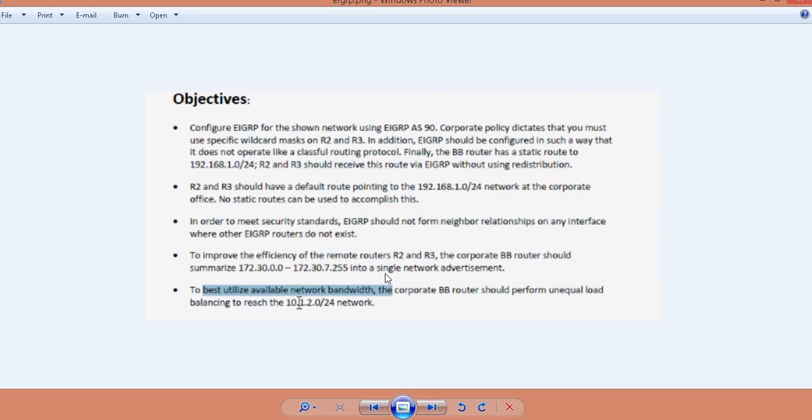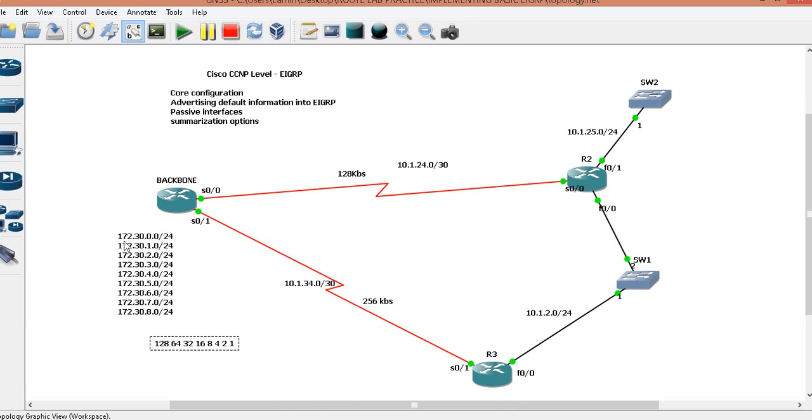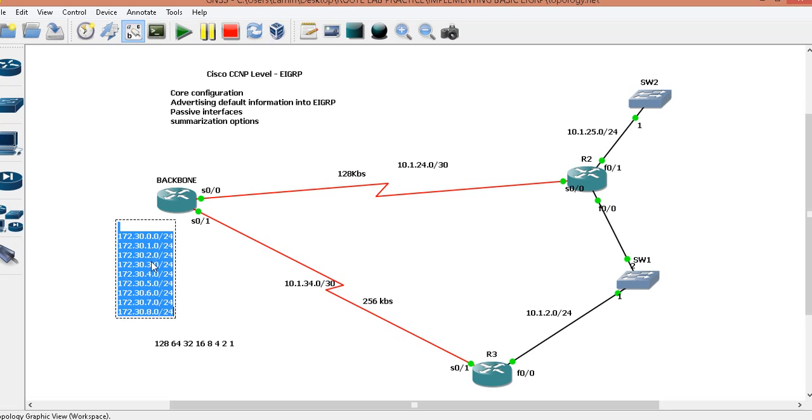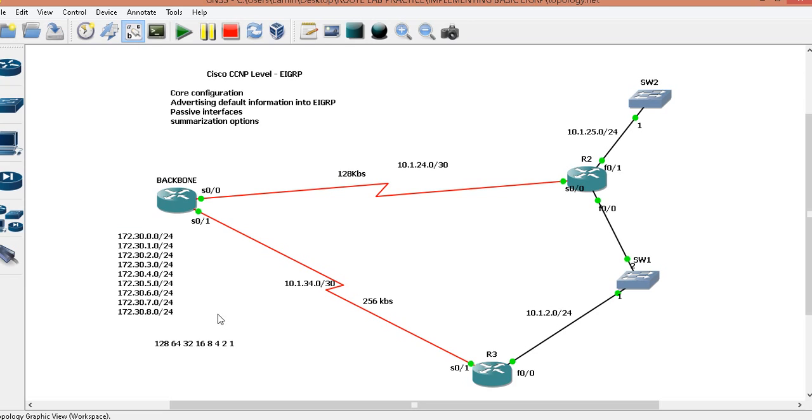So this should be done in the backbone router. We should summarize all these networks into a single network to optimize the bandwidth. So now what we have to do is summarization. This is CCNA level summarization.